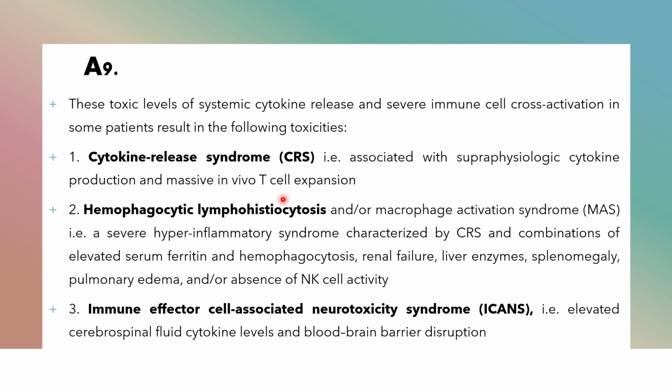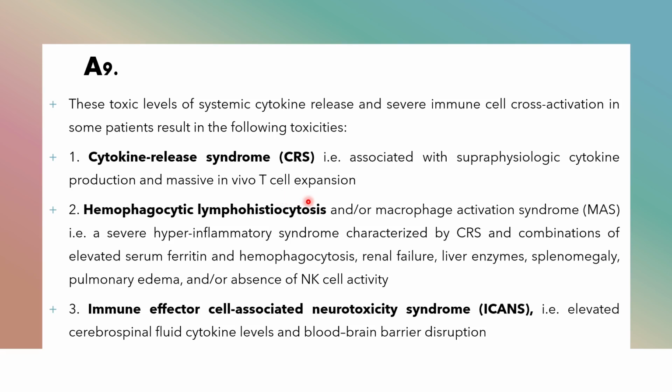Okay, as the name suggests, I think everyone is clear. Sometimes it happens: supraphysiologic cytokine production, that means cytokine is produced in a large number, and that leads to massive in vivo T cell expansion. T cell is expanded more from its regular size. That is also harmful for the human body.